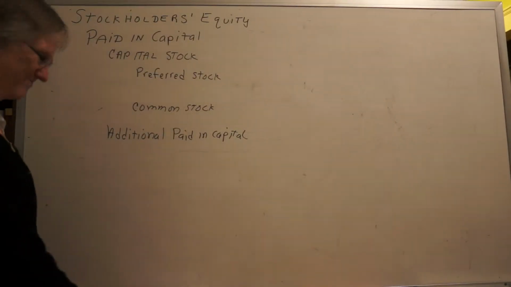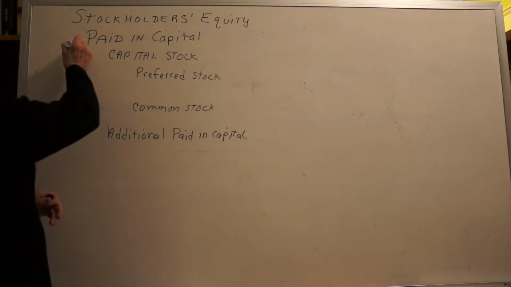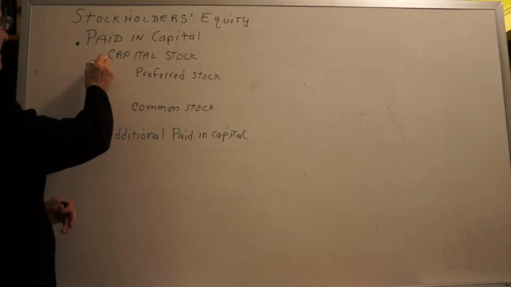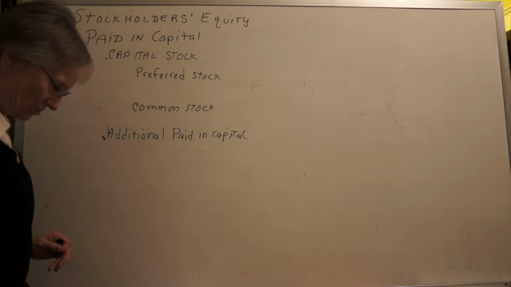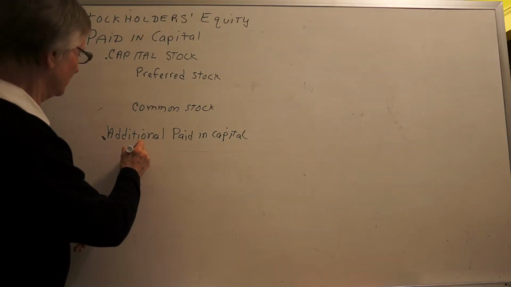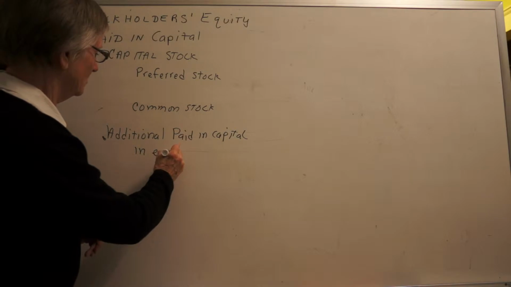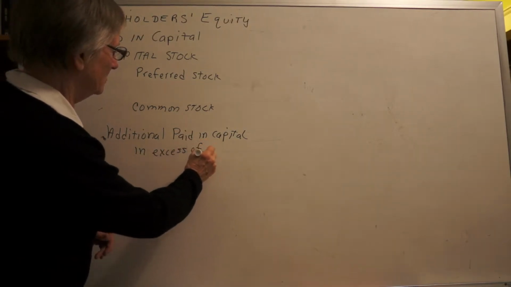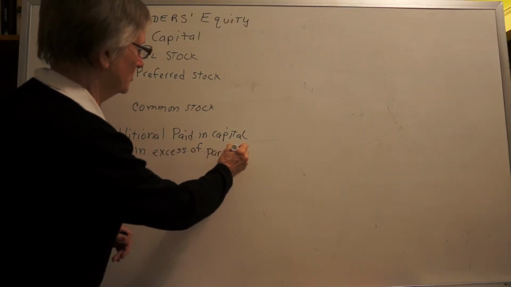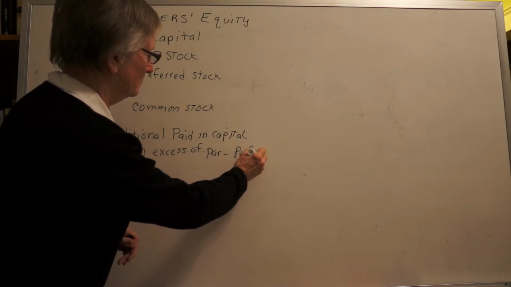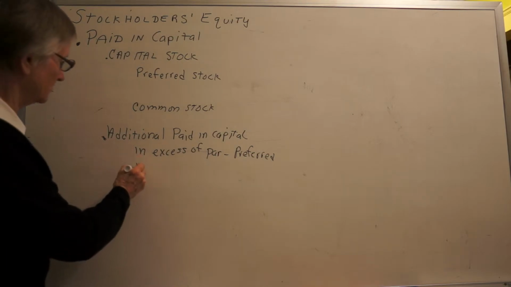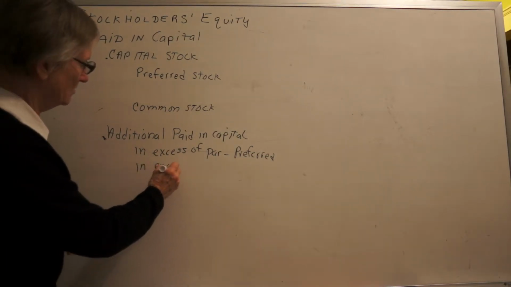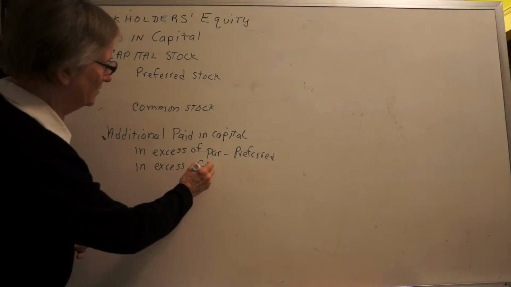So far we've got our paid-in capital, and we have two parts to that: our capital stock and our additional paid-in capital. We would have additional paid-in capital in excess of par on our preferred stock. And maybe if the common stock had stated value, we could say in excess of stated value.